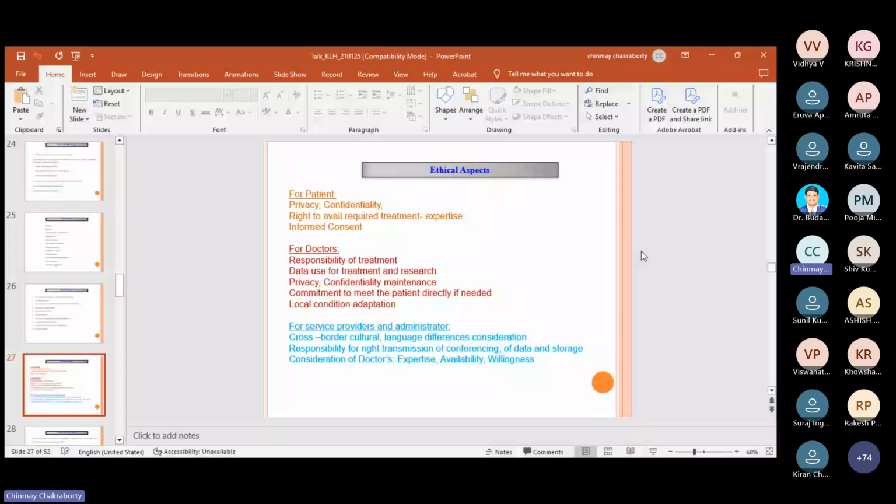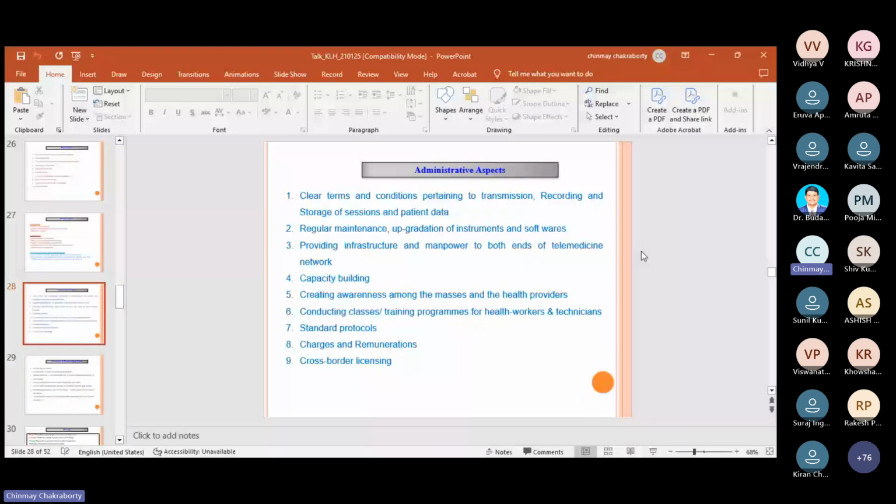The patient can be unhappy, because our intention was to contact this doctor, but he is not there. So patient satisfaction is the main part. That's why patient, doctor, as well as service providers and admin are the three most important sectors, and they need to follow the ethical aspects.